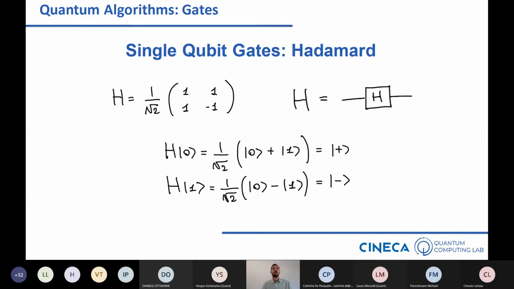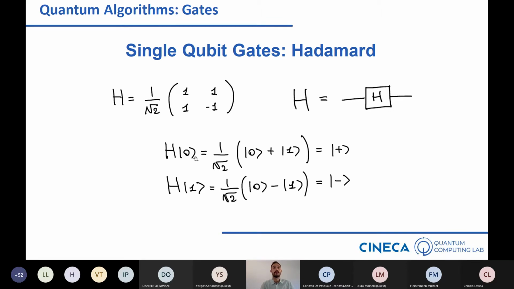One of the most important single qubit gates is the Hadamard gate. It's defined in matrix form in this way, and is usually represented in this way in a circuit. What's the action of the Hadamard gate?